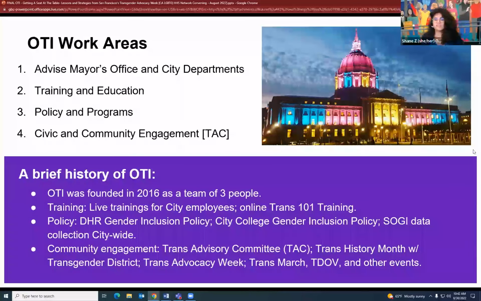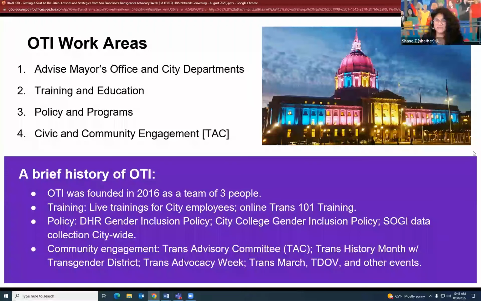So these are the different areas that OTI focuses on. We advise the mayor's office and different city departments. What that looks like is providing suggestions and ideas of how to incorporate our community, how to serve our community respectfully, how to lift us up. Training and education, I do that.